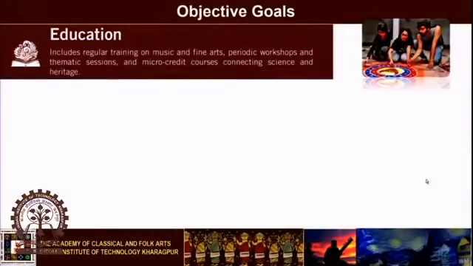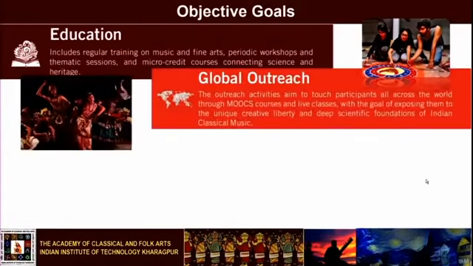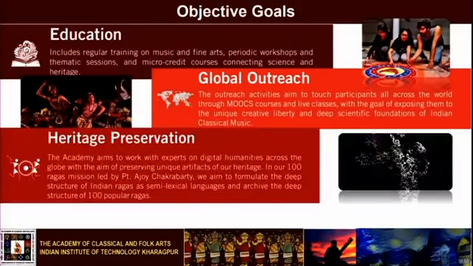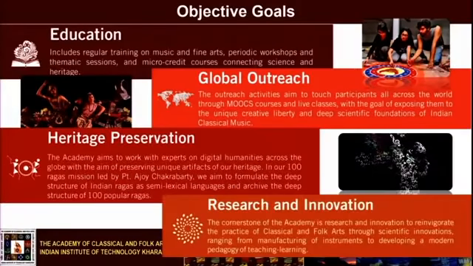The objective goals of the Academy include education, global outreach, heritage preservation, research and innovation. One of the very important goals of the Academy is to get our students, who are not only bestowed with exceptional intelligence and academic excellence, but over the years we have noticed that many of our students are also excellent musicians and artists.